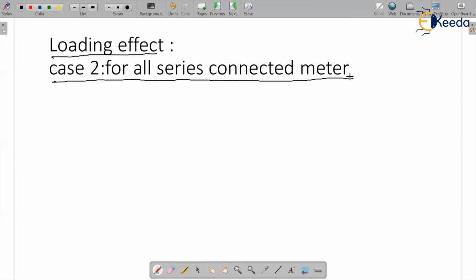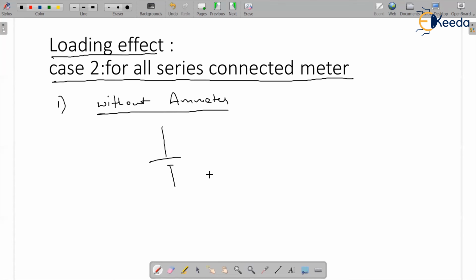The first thing is without ammeter: E naught and R naught.